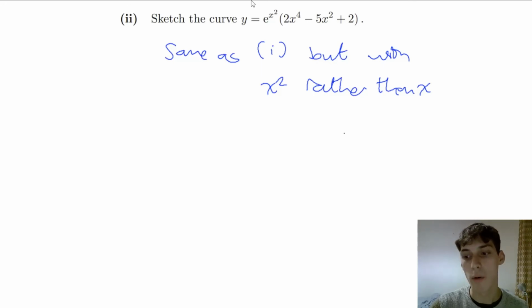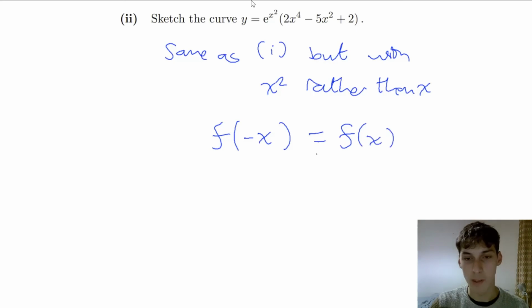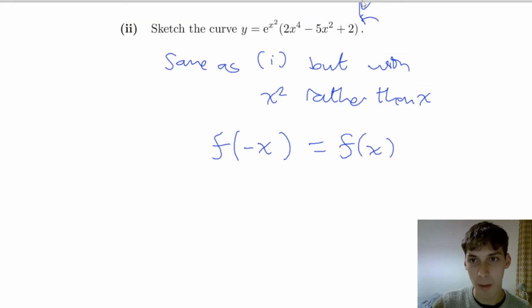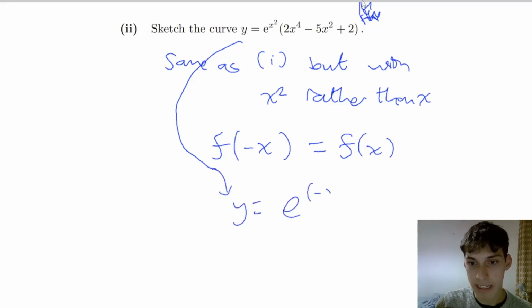So for example, if I take f of minus x, it's now equal to f of x, because we're squaring both of these. If we take minus x here, and I'll show that to you actually. Let's do that here. y is equal to e to the minus x squared.